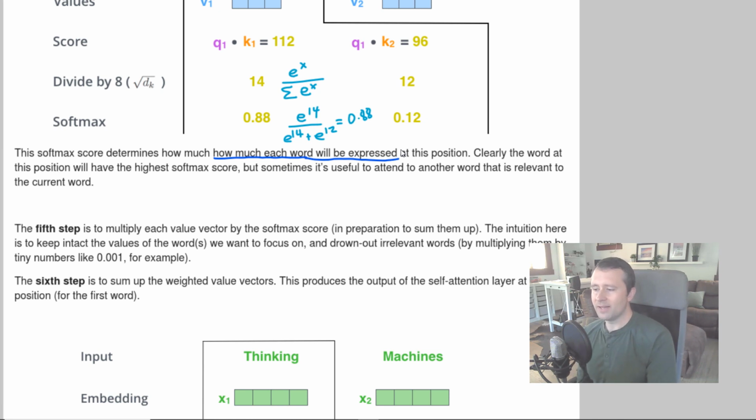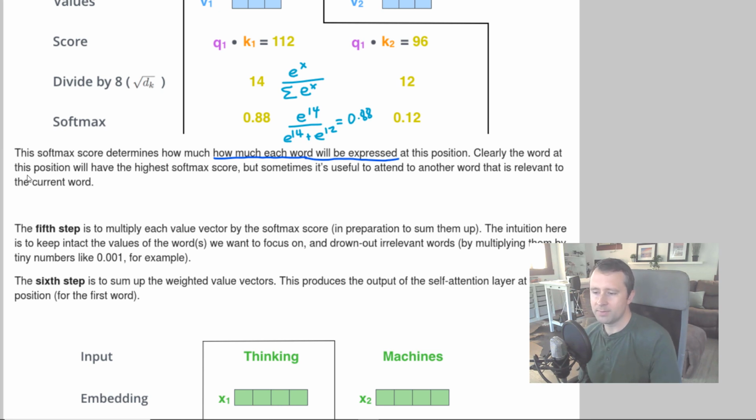Interesting. So it's kind of like, I'm going to say that this is like the relevance of each word in the sentence to the current input word. And we will see that these scores get multiplied against the value vector, and then we combine the value vectors. So it's definitely like a weighting.